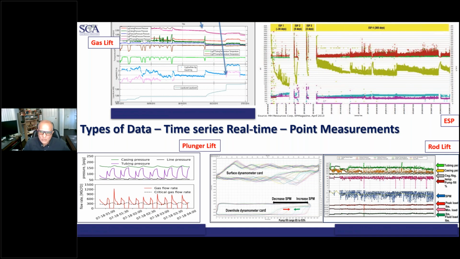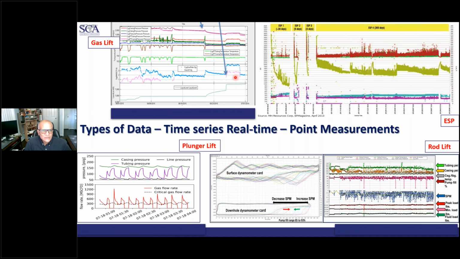So you have a variety of pressure, temperature, current, frequency, and voltage measurements available. And because of the expensive nature of the equipment, people would like to focus more on how my ESP is doing. Is it going to fail or not? And there are some sophisticated models that we'll talk about later on in this presentation.